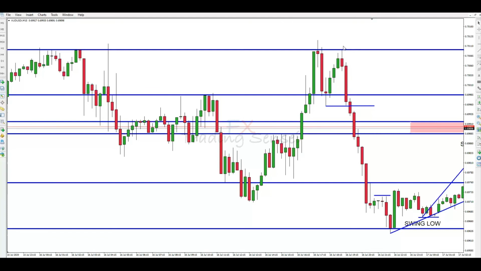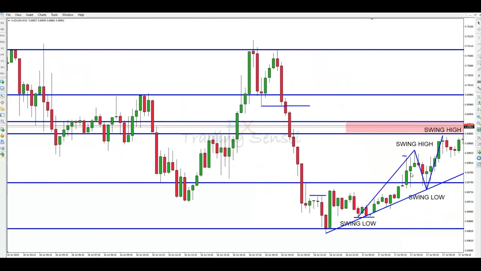So the fact that this high is lower than this one, and price made a new low here, this became an official swing. Let me just mark it in. This became an official swing high for the downtrend. And of course, once this broke, we had an official low, a new low that was made.